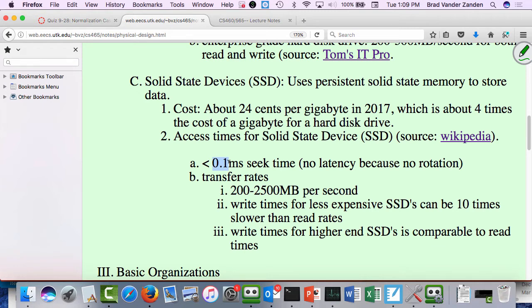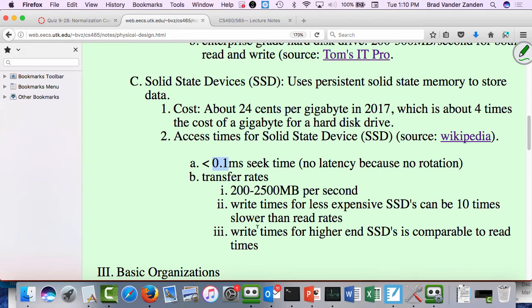I think it's 0.08 to 0.16 is actually the typical seek times for solid-state memory. At any rate, it is much faster to read from solid-state memory than it is to read from a disk. And that's true for both finding the piece of information, getting the sensor to the proper location, and then the transfer rates are much higher.